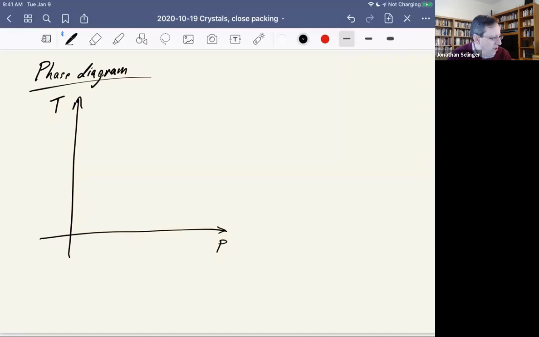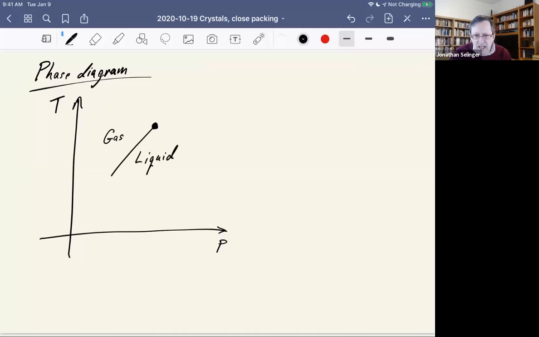We are accustomed to the liquid-gas transition. That is a diagonal line like this, where there's gas at high temperature, low pressure, and liquid at lower temperature and higher pressure.